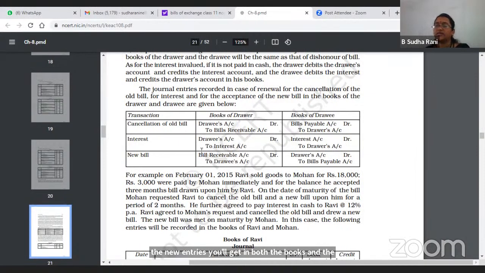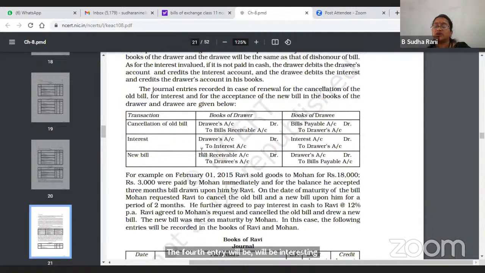I'll repeat once again. Till the dishonor, the maturity date, the first three entries you have seen remain the same: first, goods sold entry; second, bill acceptance received entry; third, on maturity, bill dishonor entry. These three remain the same. But then what changes? After the third entry, the fourth entry will be the interest entry.